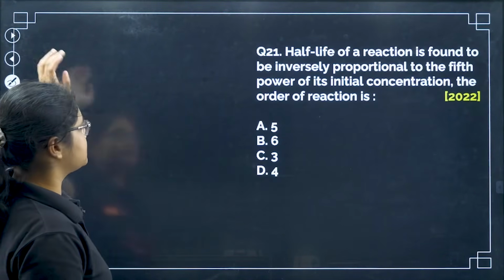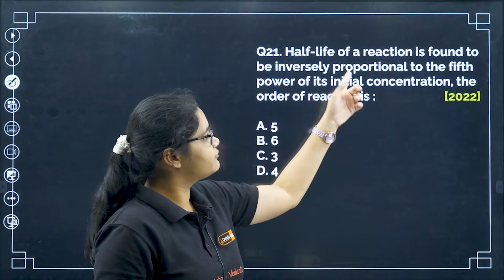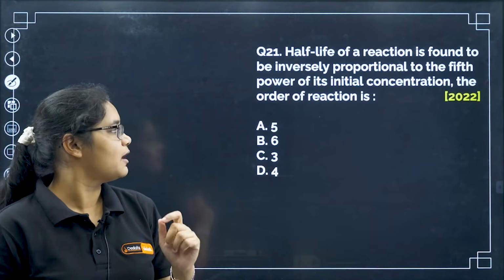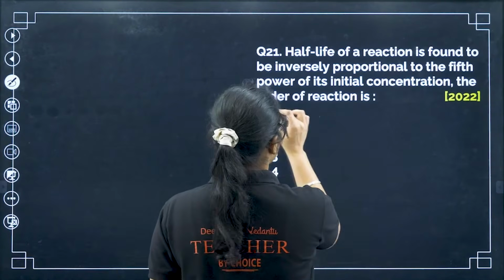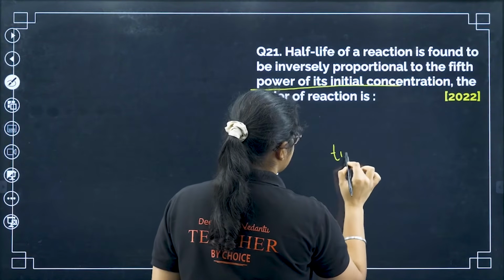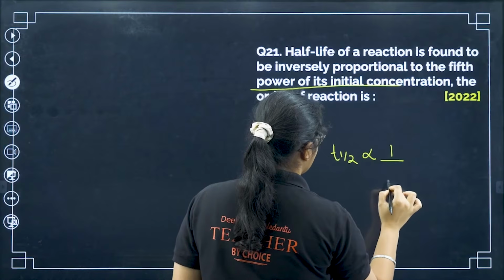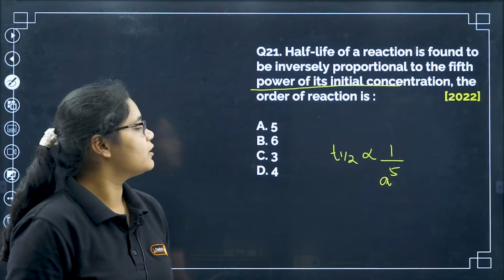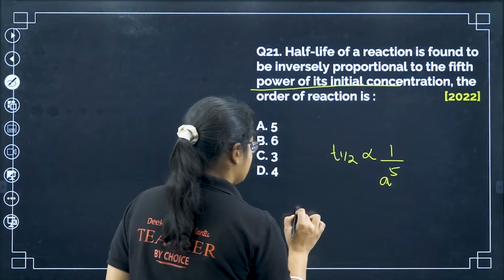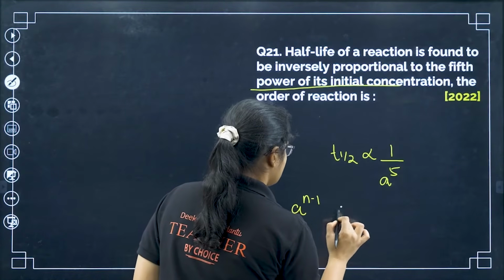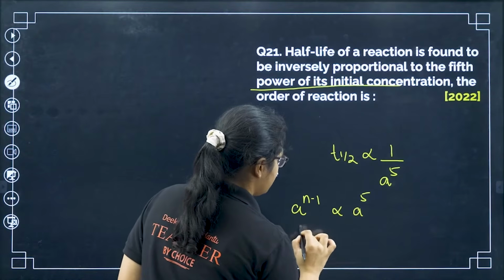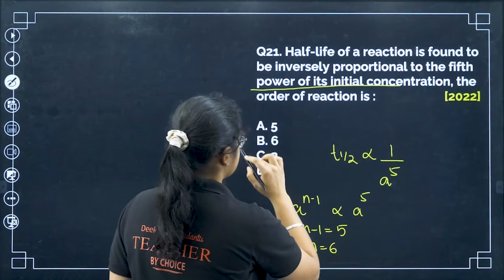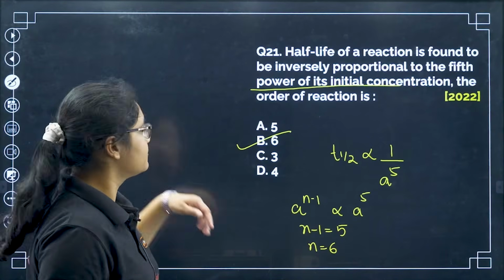Regarding this, a question: the half-life of a reaction is found to be inversely proportional to the 5th power of its initial concentration, meaning T half is proportional to the 5th power of its concentration. Then the order of the reaction: a to the power of n minus 1 is this much, so n minus 1 is equal to 5, so n is equal to 6. That is option number B here.